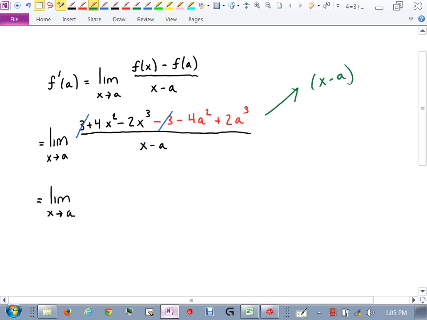So let me rewrite it and just tell me if you believe that I could rewrite it like this. 4x squared minus 4a squared, and then minus 2x cubed plus 2a cubed, all over x minus a. Now that's just my first instinct on this. See if this is going to work or not.